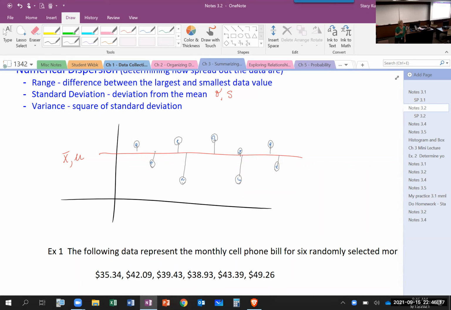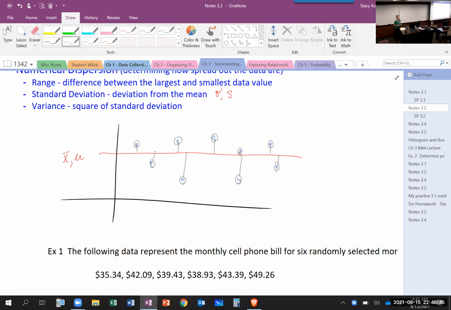And the standard deviation is all of these measurements right here. If I were to actually calculate those measurements and add them together and take the average of those measurements, that's the standard deviation. The standard deviation is a single number, and it's the average distance my points are away from the middle. Okay?